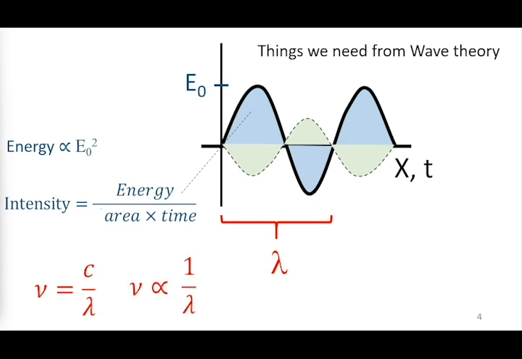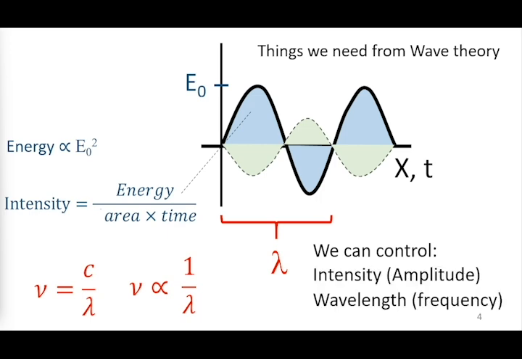So the frequency is inversely proportional to the wavelength. So from here we can control a few things. We can control the intensity, therefore controlling the amplitude, and we can control the wavelength of light, therefore controlling the frequency.